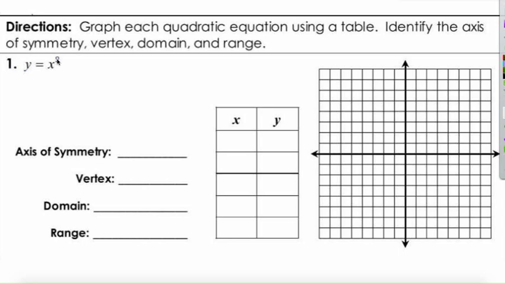So y equals x squared is the equation. We need to find the axis of symmetry. Now we remember the formula for that comes from negative b over 2 times a. And if we remember that the standard form for a quadratic equation is y equals ax squared plus bx plus c, in this particular problem we only have one term, so we only have an a value here of 1.